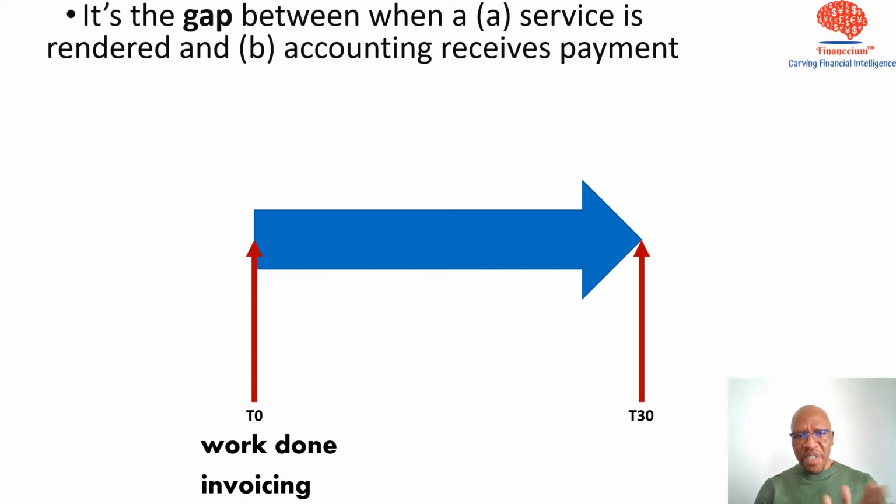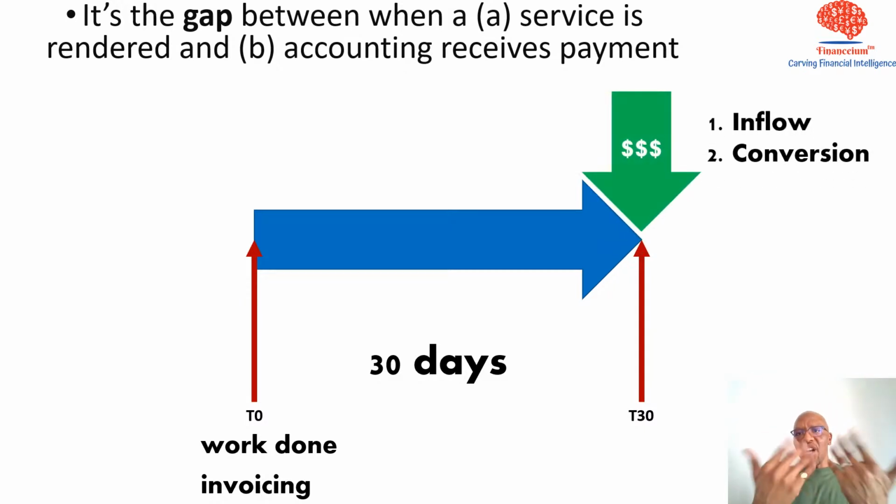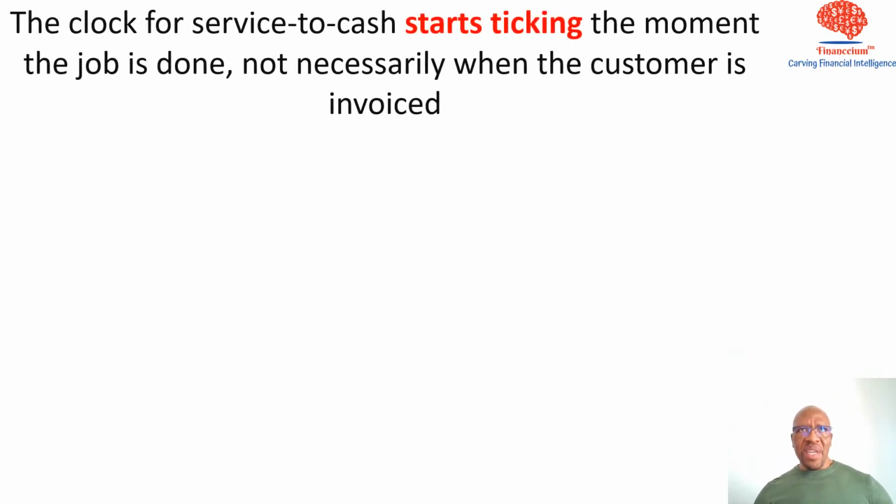If there's no difference between conducting the work and invoicing, and your receivables threshold is 30 days, then on day T30 the payment will be received, so there's a conversion from service rendered to cash, and an inflow of revenue.